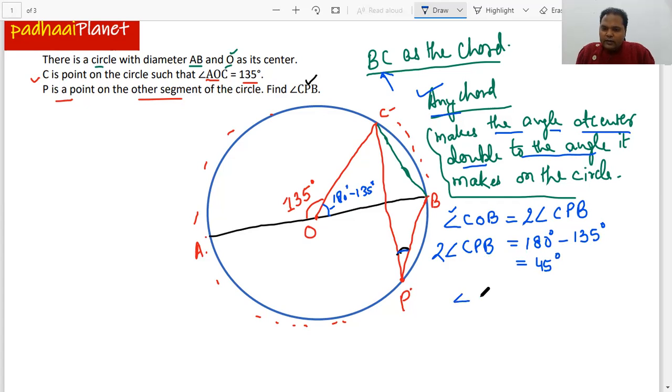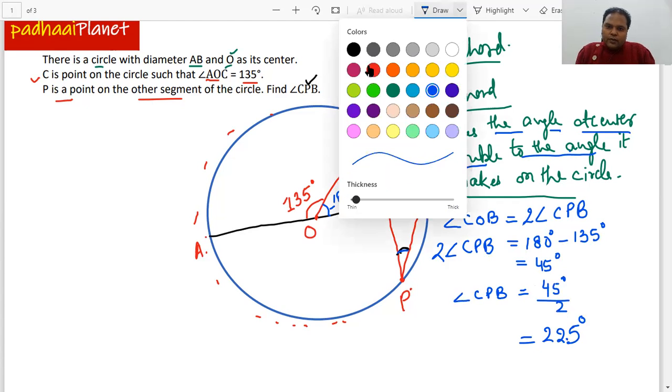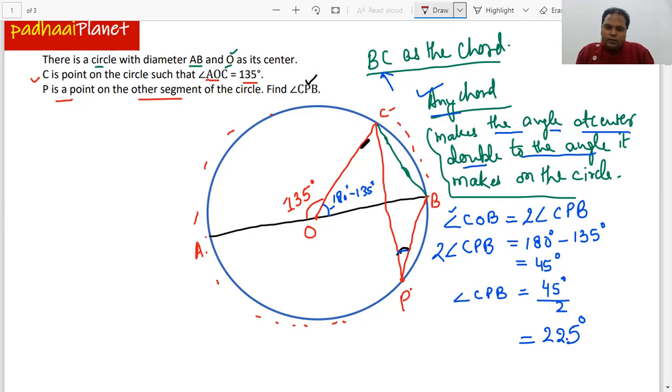So our angle CPB is equal to 45 degrees divided by 2, and that comes to 22.5 degrees. So this angle which we were to find comes to 22.5 degrees with the help of the theorem.